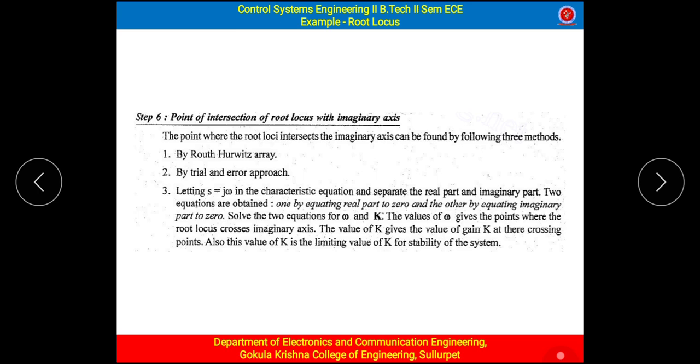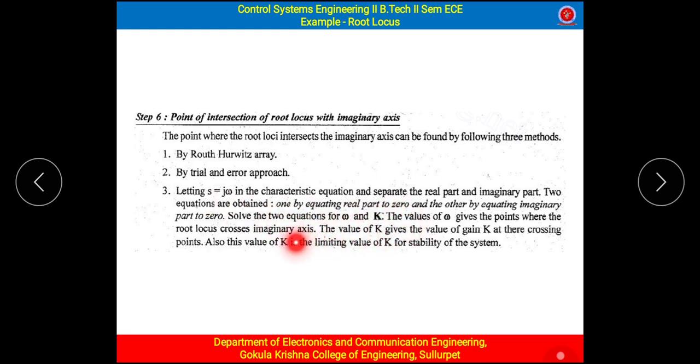If we increase the gain, a case may arise where the root locus branch goes out of the left side, and at that time the system becomes unstable. So how do we calculate it? We are going to use this third step.